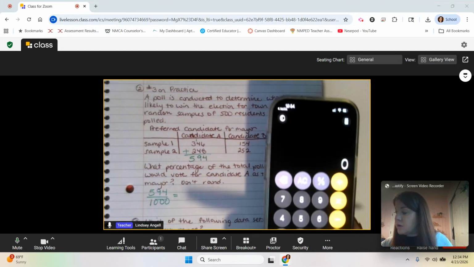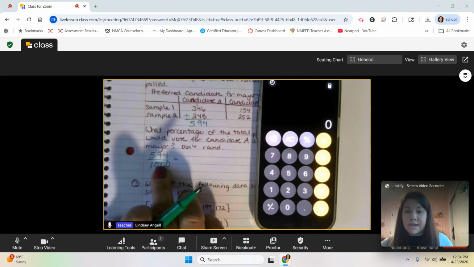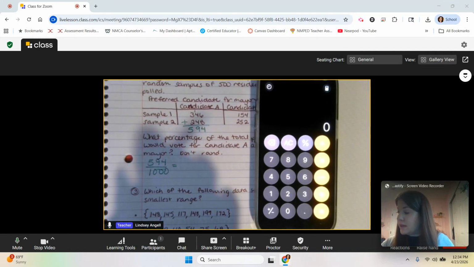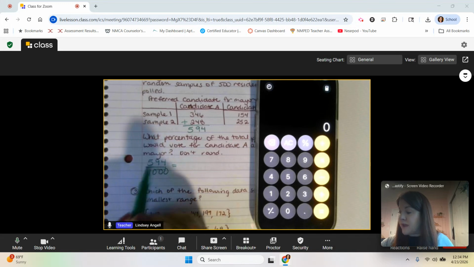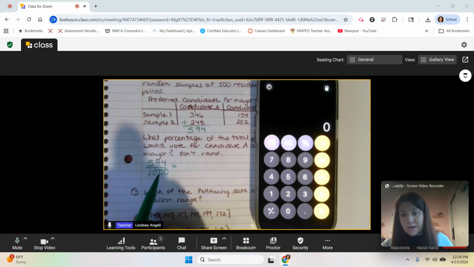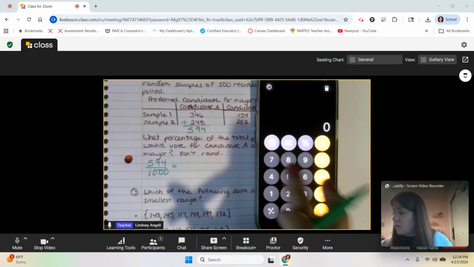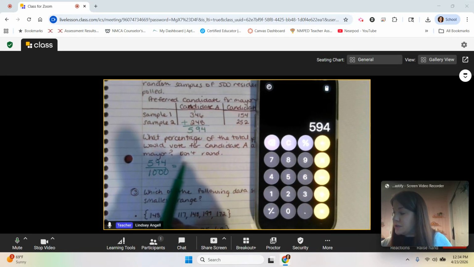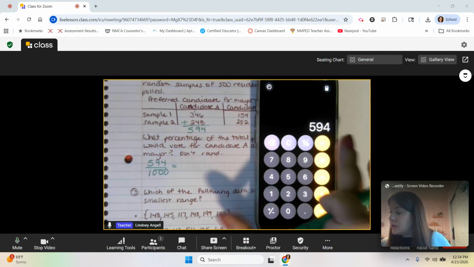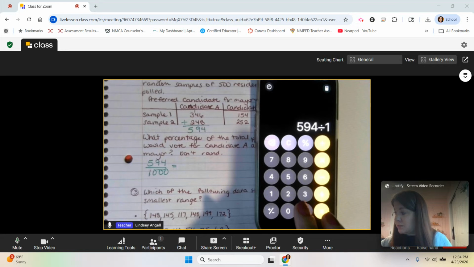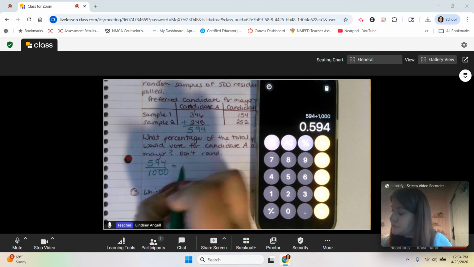So in order to turn this into a percentage, we either need to divide both of these by 10, so that it would be out of 100, or we can convert it to a decimal, because notice it does say don't round. So we're going to do 594 divided by 1,000.